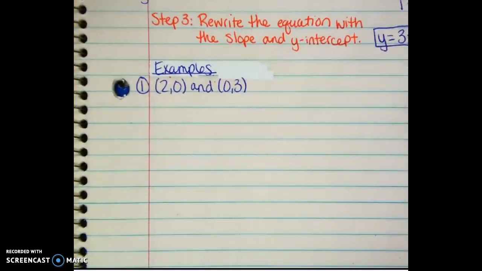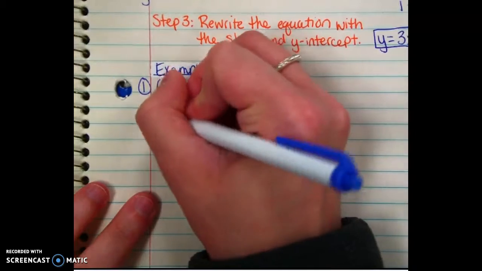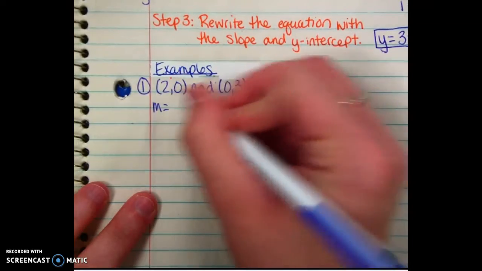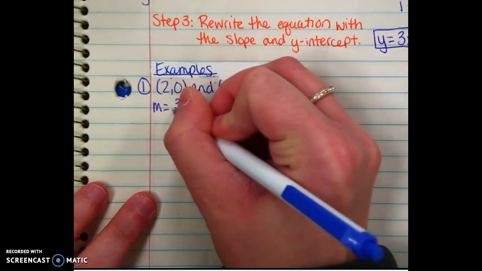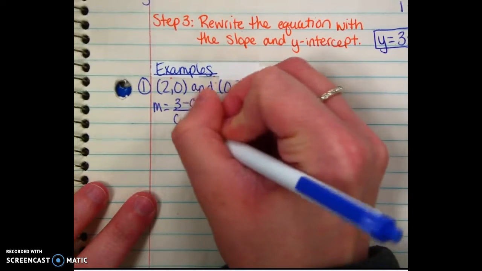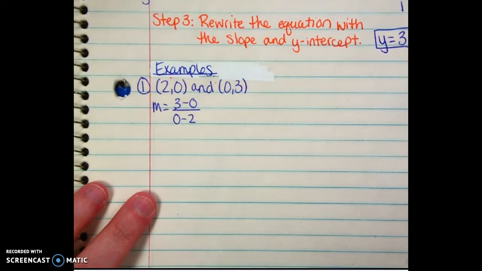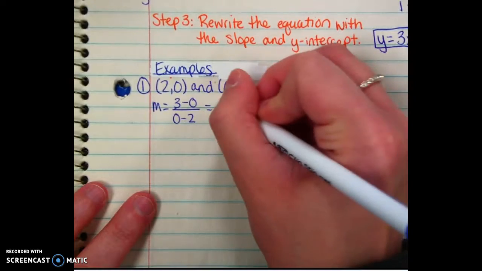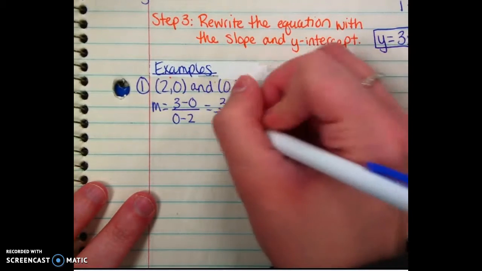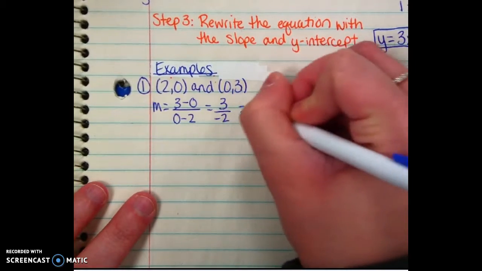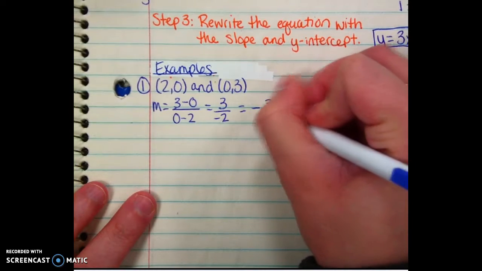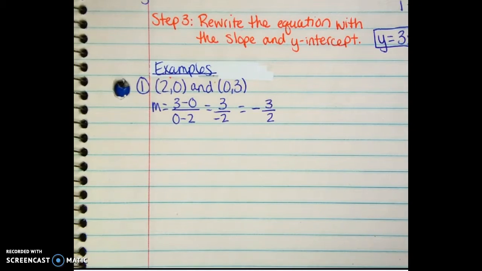Okay, so for this one, I first find the slope. So that's m equals 3 minus 0 over 0 minus 2. 3 minus 0 is 3. 0 minus 2 is negative 2. I'm going to rewrite that with the negative out front. Does not matter which one the negative sign goes with. I usually put it with the numerator or the top number.